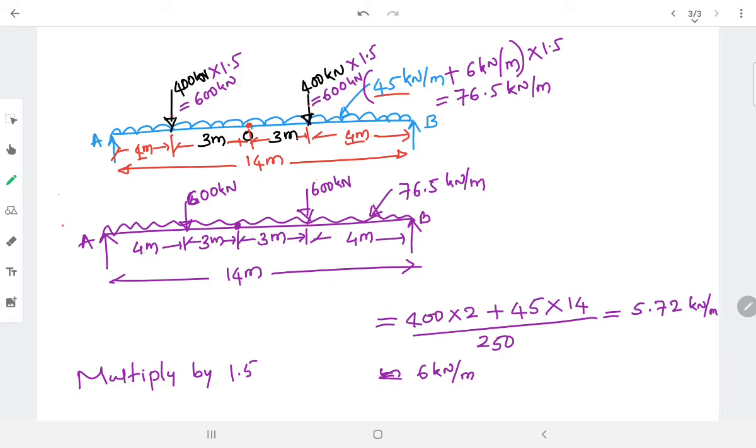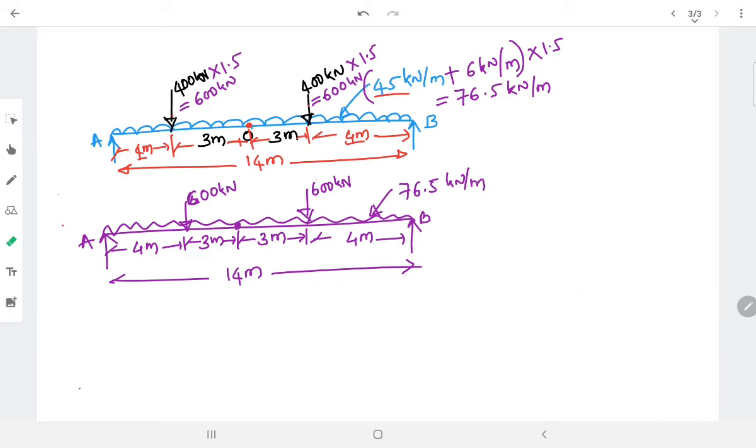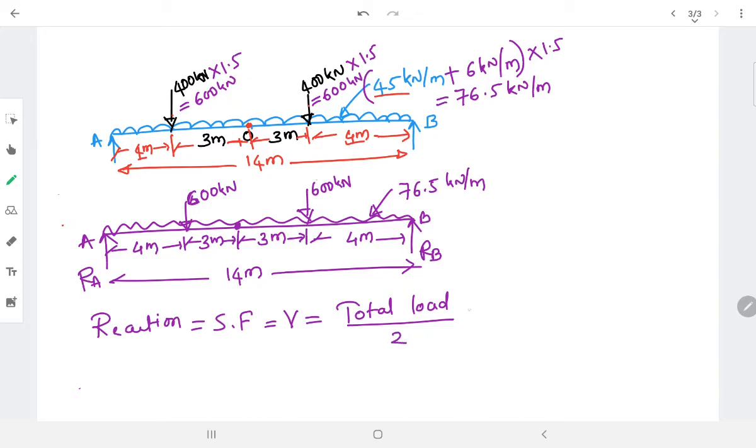So for this beam we need to calculate what is the shear force. I'll write here reaction, that is RA, RB, reaction, that is shear force, V equals, since it is symmetrical, total load divided by 2. Total load acting on the plate girder divided by 2, I'll get the reaction at the supports.